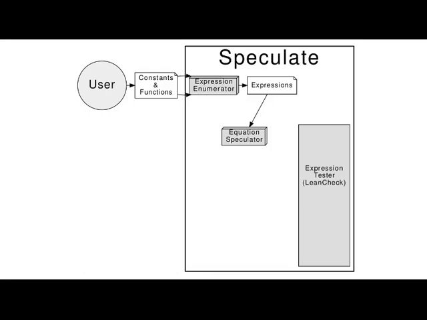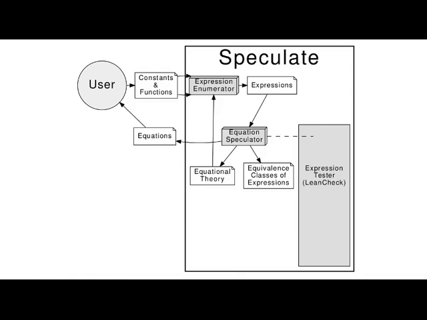Those expressions are passed into an equation speculator, which will use the expression tester, in this case LeanCheck, to figure out equivalence classes of expressions. It will also produce an equational theory, which is fed back into the expression enumerator so that you don't enumerate redundant expressions and avoid some testing. And finally, we produce equations.